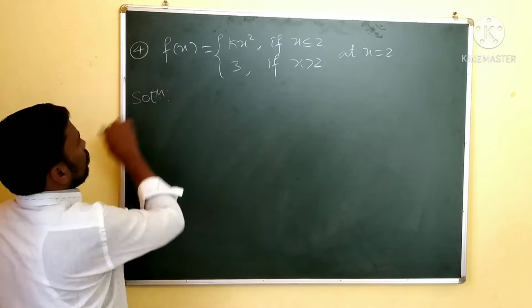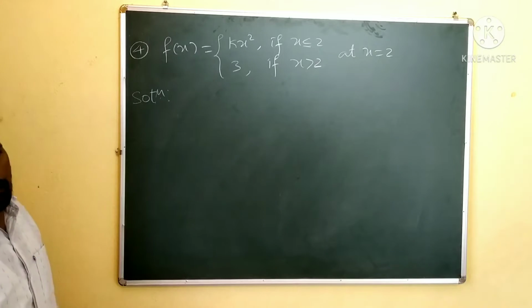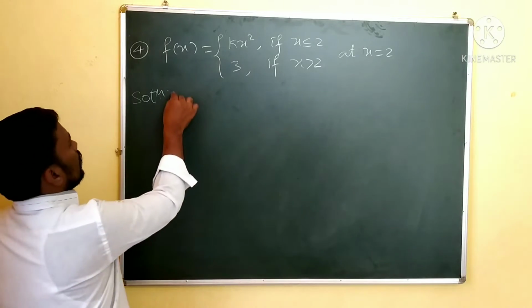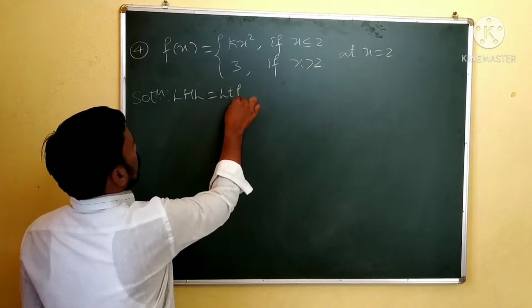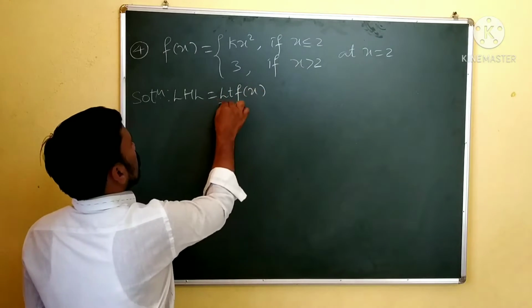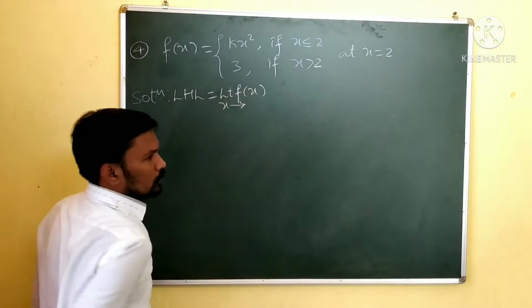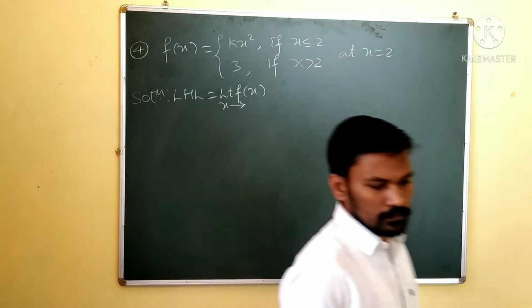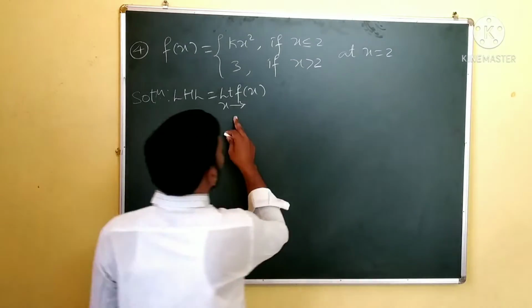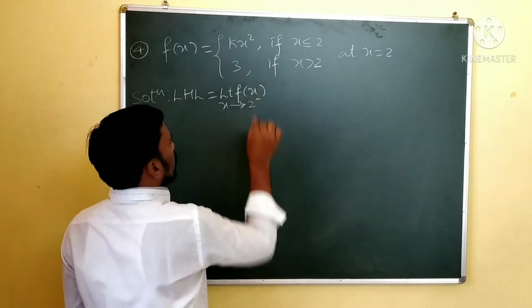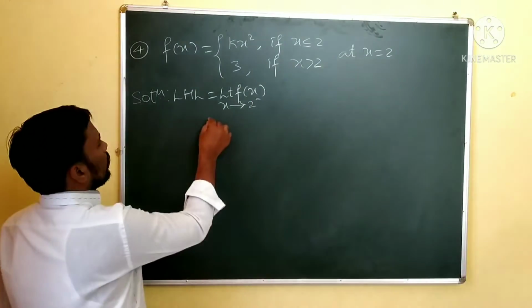Just calculate the left hand limit value. LHL, the left hand limit, is equal to limit f of x as x tending to 2 minus, where 2 is the limit point here.